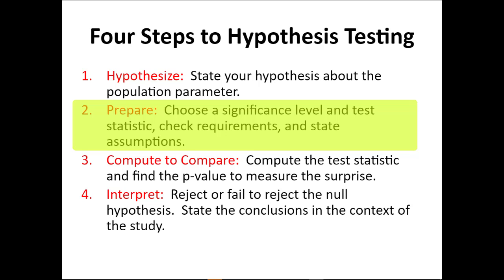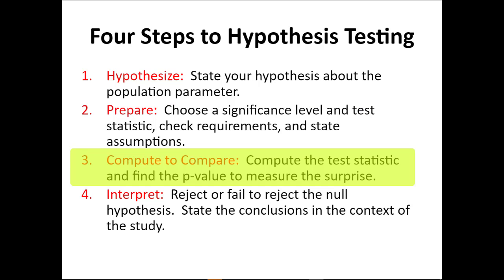In this step, you will also calculate the standard error. This is also the time where you should draw your model and section out the areas of rejection and the area of retention. In the compute to compare stage, you're going to be calculating your test statistic for your sample.